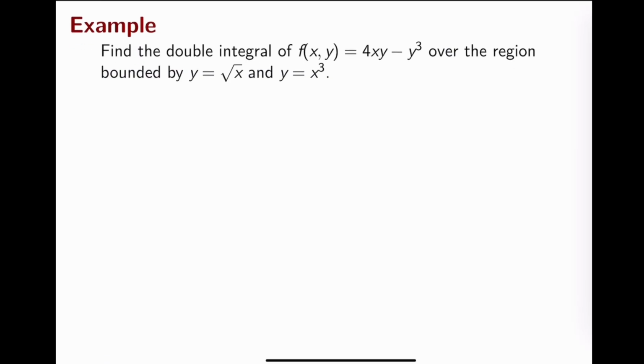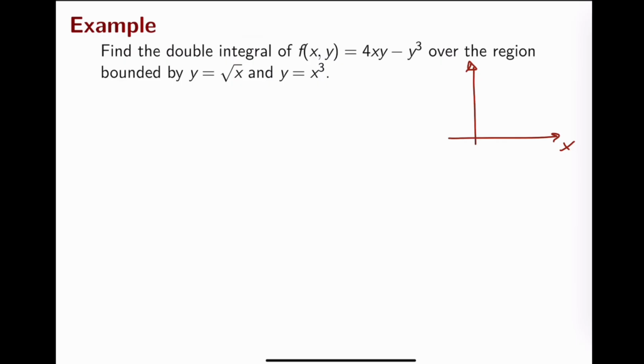let's calculate the double integral of this function over the region bounded by these two curves. Well, the first thing that we need to do is to identify the curves. I mean, we need to graph this to have an idea of what the region is. So we draw the two axes, and we're going to draw the two functions.